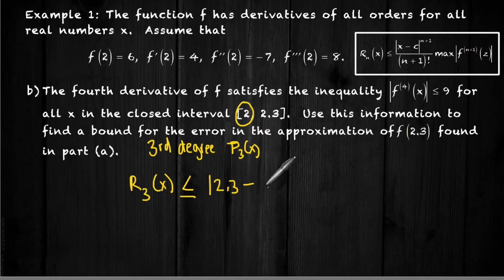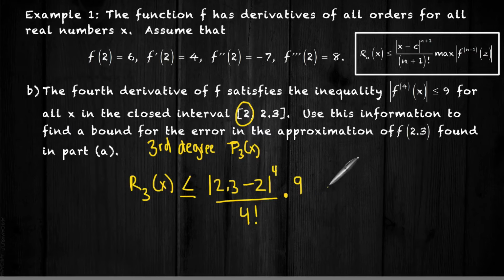Our c is our center, so that's 2. And our n is 3, the degree of the polynomial. So this is 3 plus 1, raised to the 4th power, over 3 plus 1 factorial. So that's 4 factorial, times the maximum value of the fourth derivative, which they give us in the problem as 9.